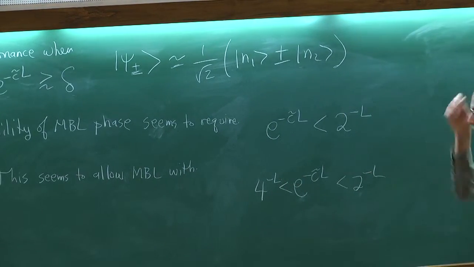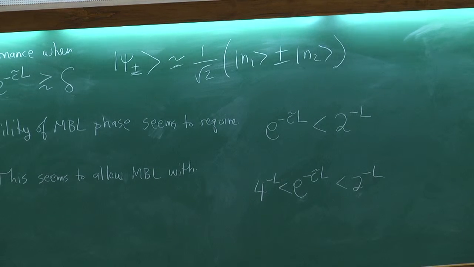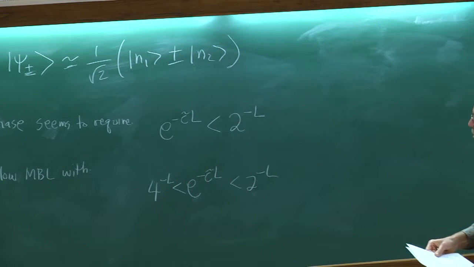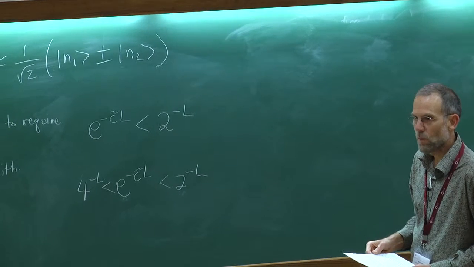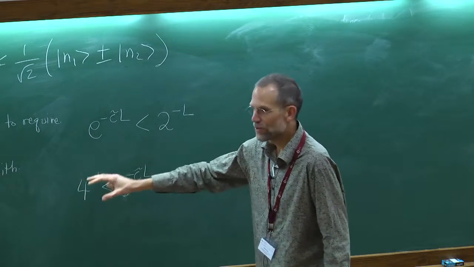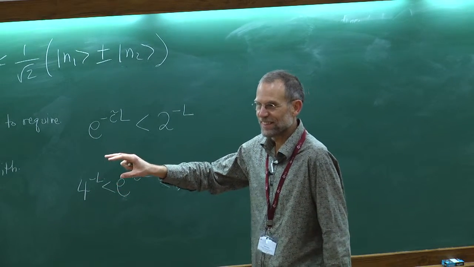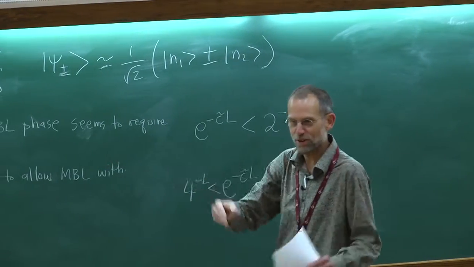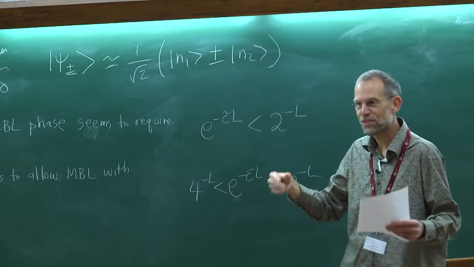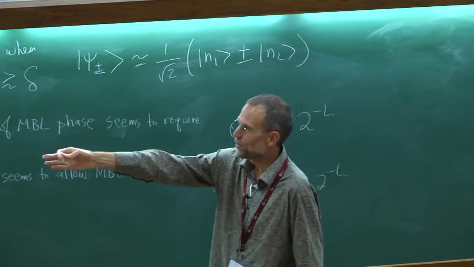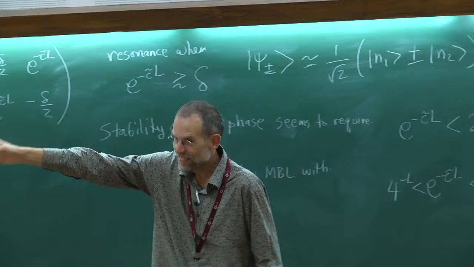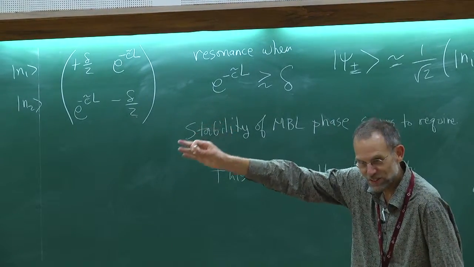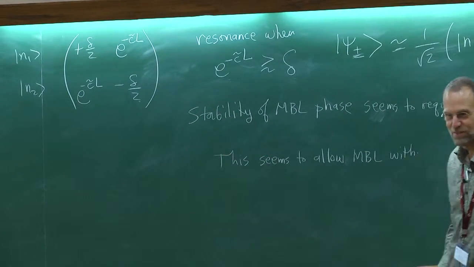What happens if e to the minus cL is smaller than 4 to the minus L? Well, okay, so that's the regime where a typical sample at a typical location should not have resonances at all scales, and that's the regime where doing the perturbation theory and getting the conserved operators should be the easiest, right?